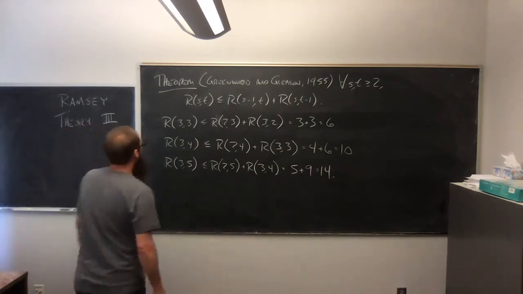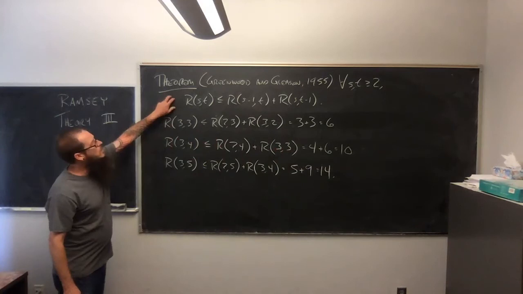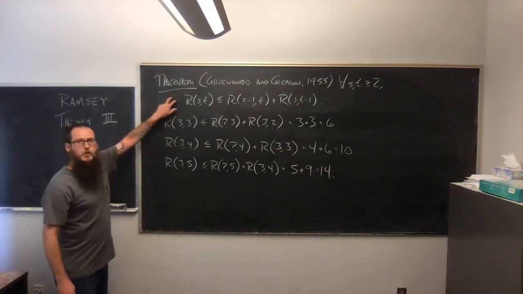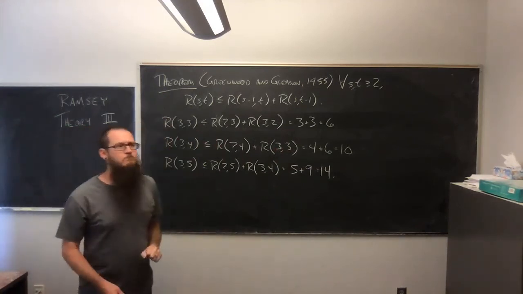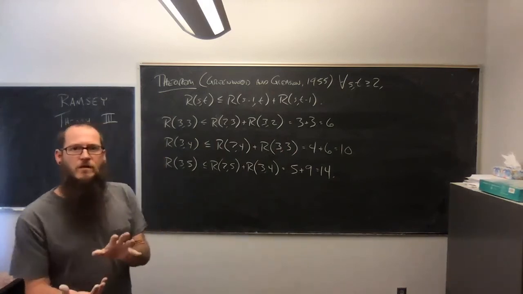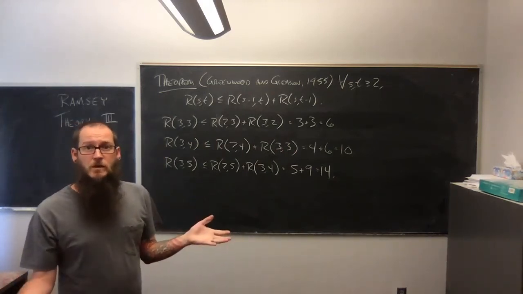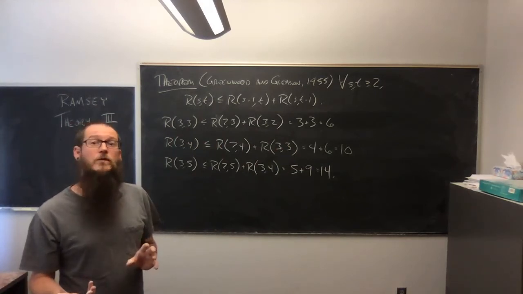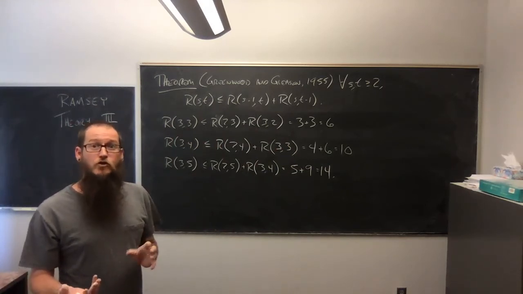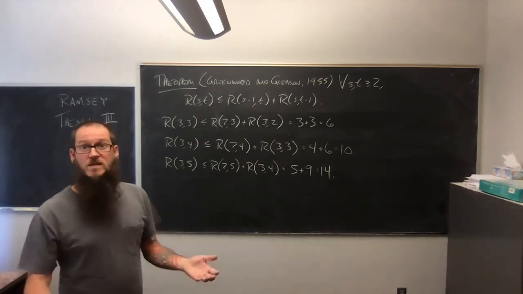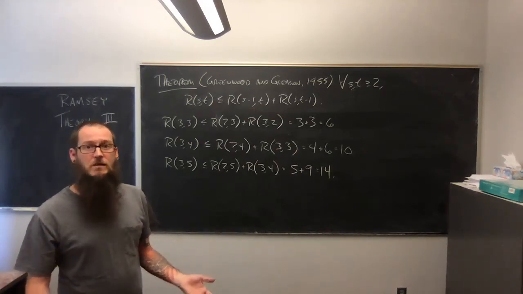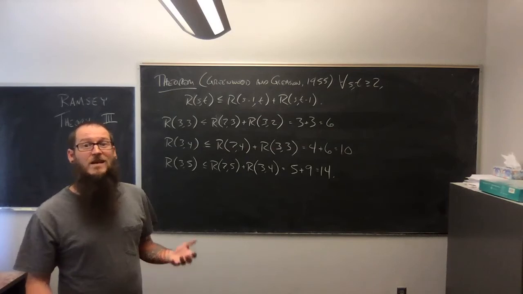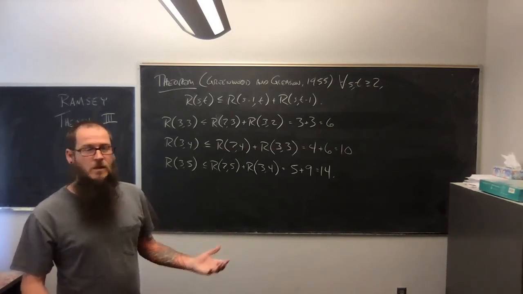One other comment that I should make about this theorem is that Greenwood and Gleason use this to argue that Ramsey numbers exist. Specifically, if you were to start with the case where S and T are both equal to 2, then use strong induction on the sum of S plus T, then you can argue that all Ramsey numbers exist.